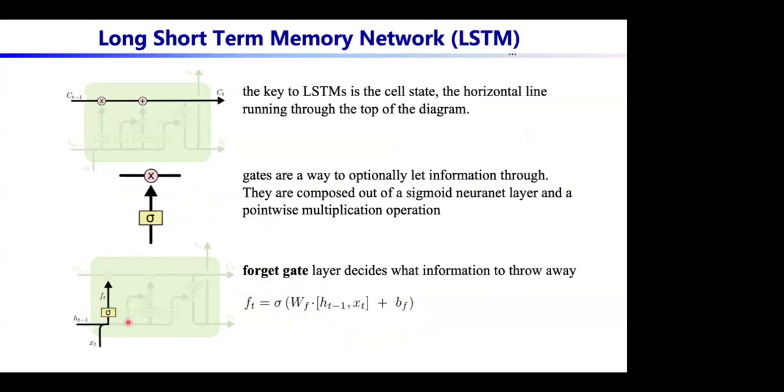So there are many different types of processing. For instance, this first one is called the forget gate because it decides what information is supposed to be kept, what information is supposed to be discarded, thrown away.